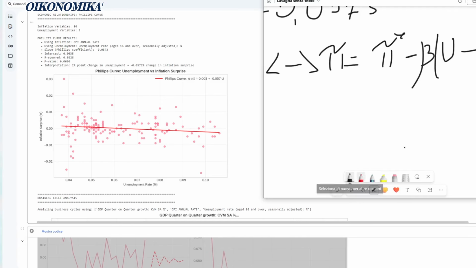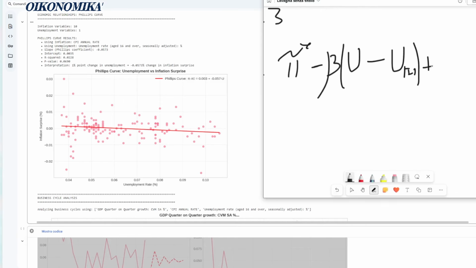Let's call it unemployment at the time t plus 1. Okay, that's looking forward or backwards, I don't mind. Plus some expectation terms. Okay, and in this case we can basically write the equation. So what is our expectation of inflation?